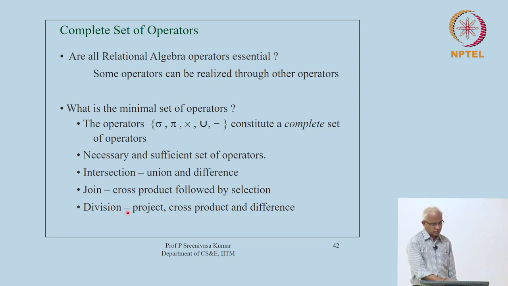The division also you take as an exercise and work out how you can do the division without using the other operators. Division is not an essential operator actually; you can do it with the basic operators, project, cross product and difference. I am just giving a hint here, but you have to work out exactly how to do that.